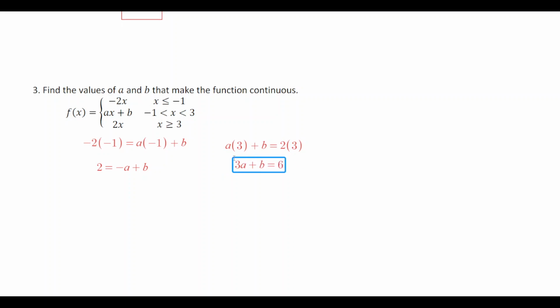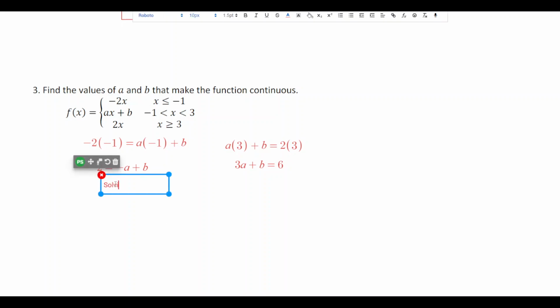Now, individually, I can't solve either of these 2 equations, but I can group them and solve them as a system of equations. So I'm just going to make a little note here. I'll say solve for a and b using a system of equations.